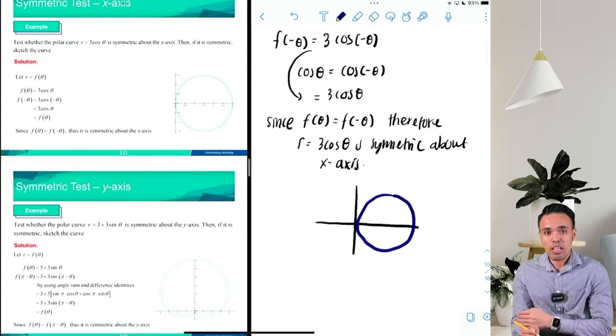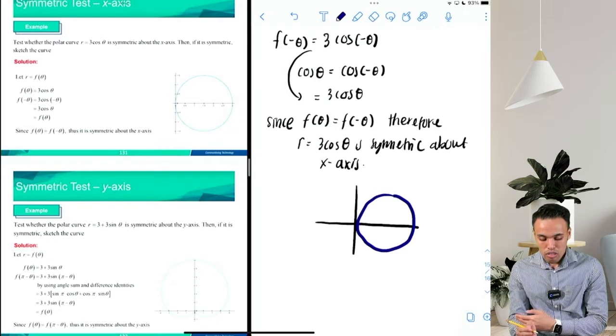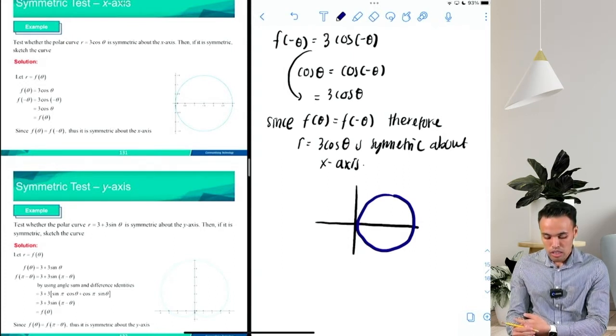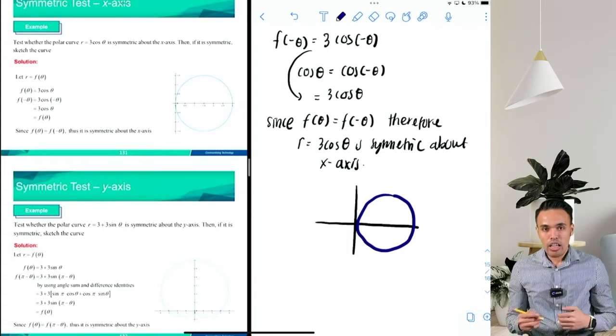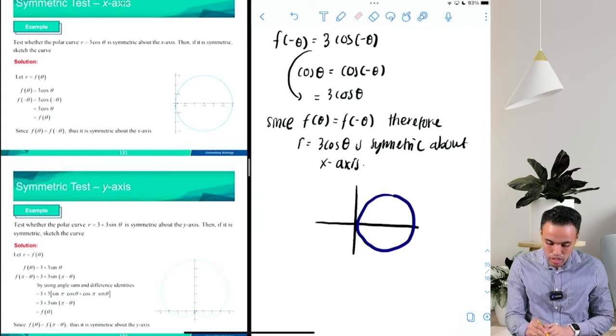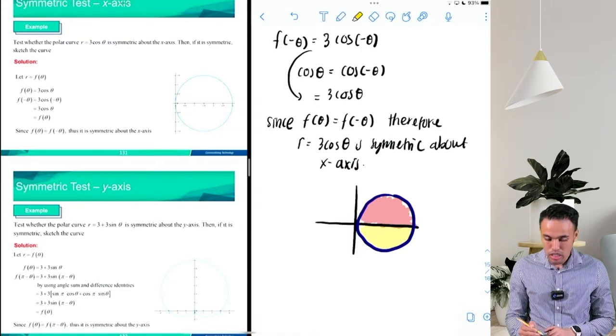Since it is symmetric about the x-axis, the circle is split into two parts, both divided equally. That is the meaning behind the phrase symmetric about the x-axis. The portion here is equal to this portion, if I explain it in layman's terms.